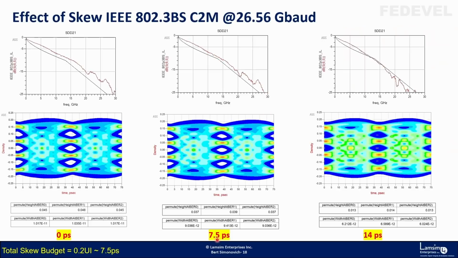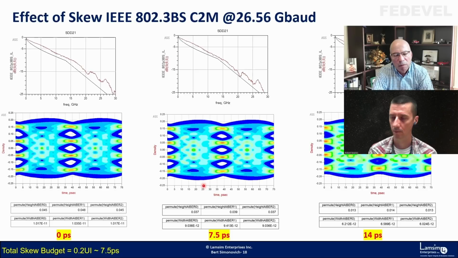If we end up with 14 picoseconds, double, we don't meet the spec and the eye is pretty closed. So for higher speeds, like 28 gigabaud rates and PAM4, skew is really important to factor in. You have to make sure you're cognizant of it.